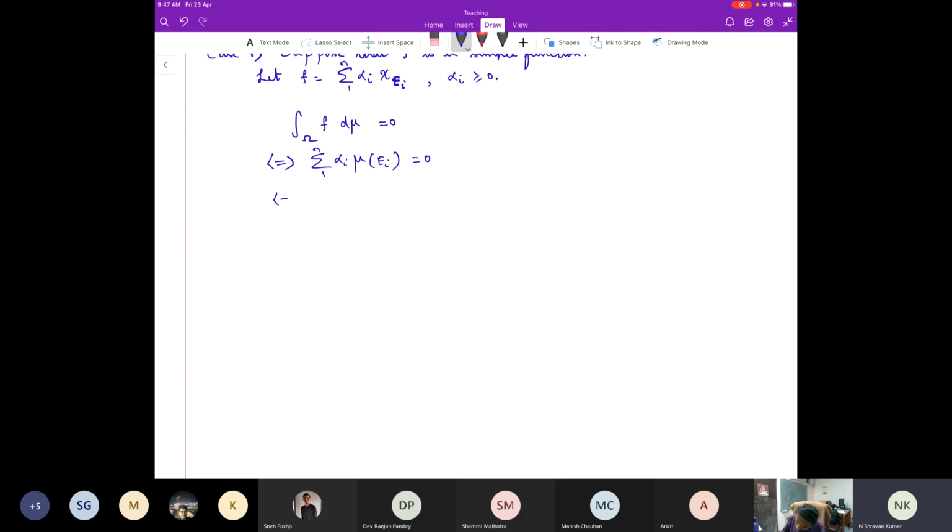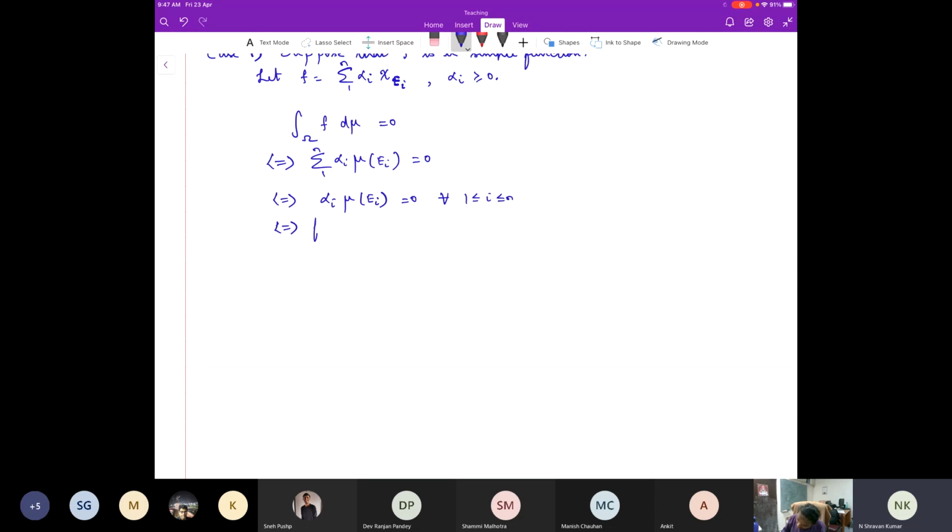I have a sum of non-negative numbers and this sum is equal to 0, and therefore each and every term should be equal to 0.